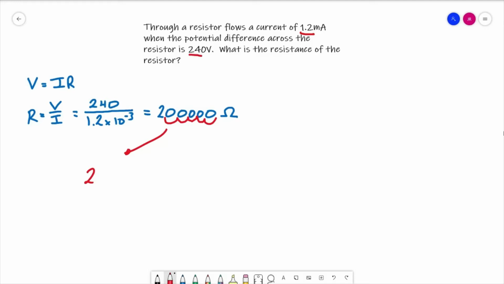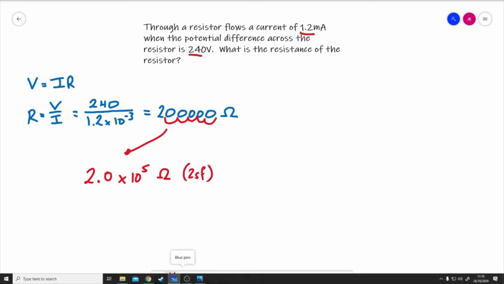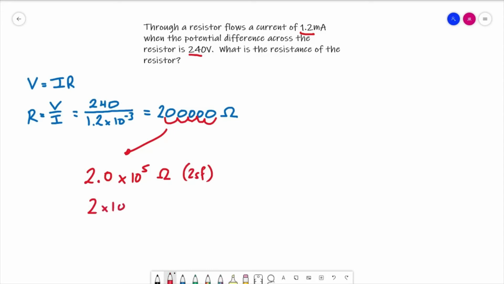And therefore, to give this answer to 2 significant figures, we should say 2.0 times 10 to the 5 ohms. That would give us a 2 significant figure answer to match the question. If we'd said 2 times 10 to the 5 ohms, now that would only be to 1 significant figure and would therefore be incorrect. It's the 2.0 times 10 to the 5 ohms that would be correct.